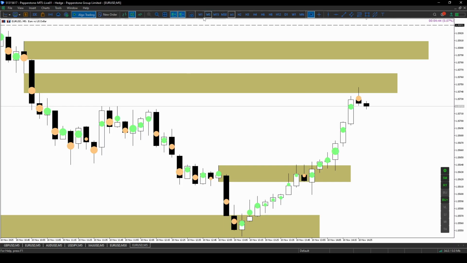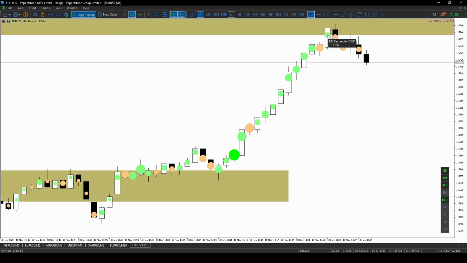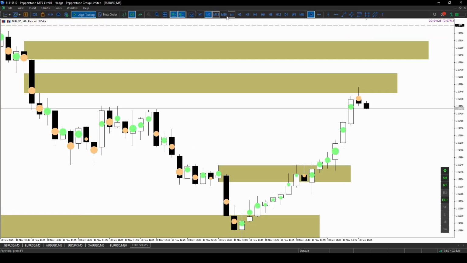Let me switch to the 1-minute time frame to see what's happening in here. Small, small, small. So no, no, no. All small trades.